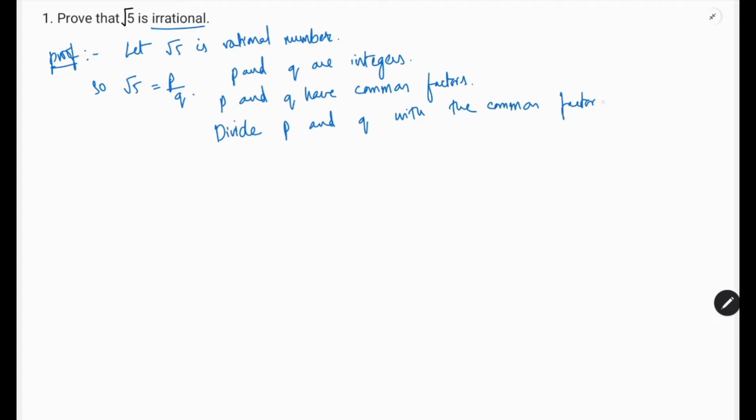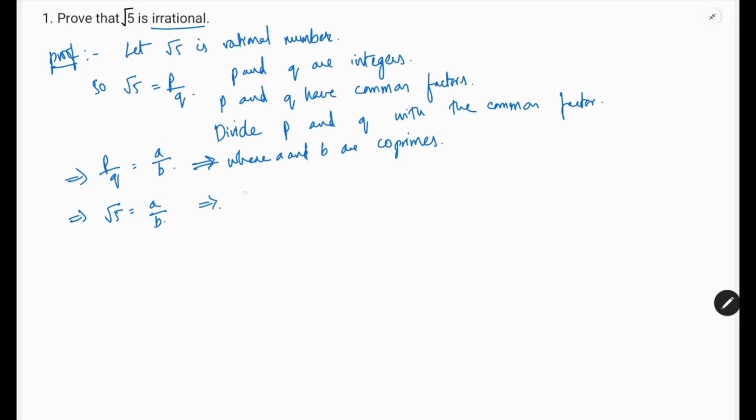When you divide p and q by the common factor, you get a number, let it be a by b. So here a and b are co-primes, that means there is no common factor. Where a and b are co-primes, root 5 is equal to a by b.